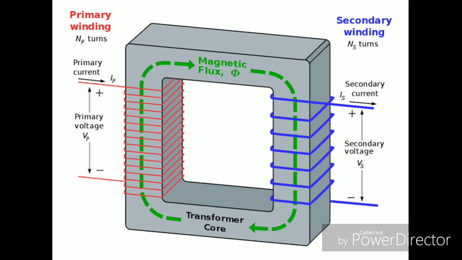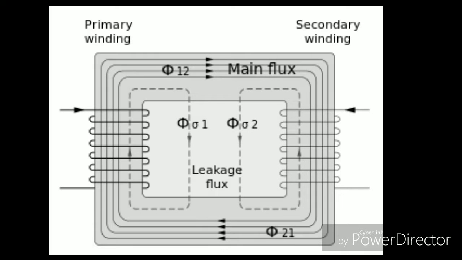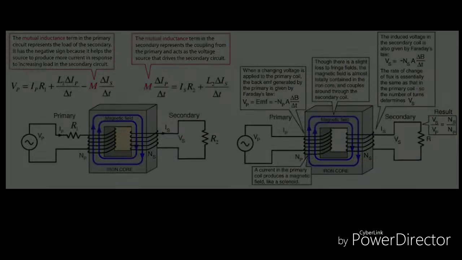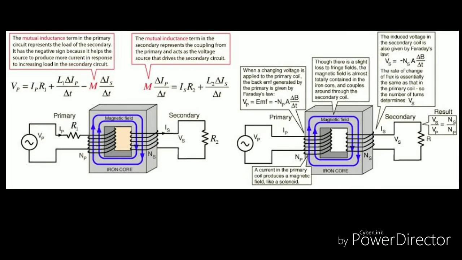For this induced EMF, a current I2 is also produced and starts flowing through the secondary winding. The voltage induced in the secondary winding is the main cause of delivering power from the primary winding to the secondary winding, and all of this depends on mutual induction. So this is basically the working principle of a transformer.